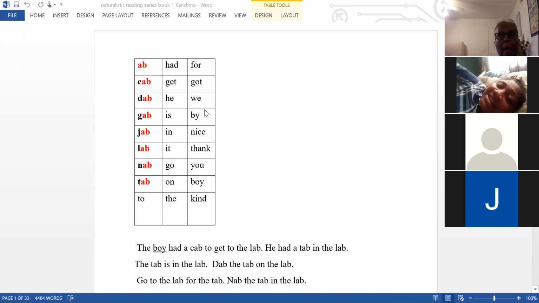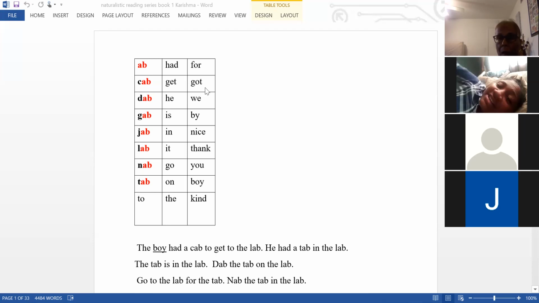Now the words in black is spelling. They would have had the middle row already. Some here, but the words for and got, a lot of children get in trouble with got and get. And they try to sound got and they cannot get it out. So they are going to spell G-O-T, got.